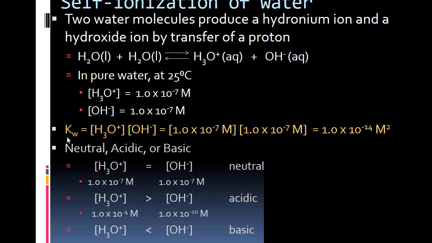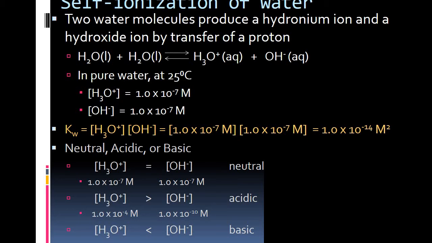The equation for the self-ionization of water is Kw, that's a subscript, equal to the hydronium ion concentration times the hydroxide ion concentration. So you take 1.0 times 10 to the negative 7 molar times 1.0 times 10 to the negative 7 molar, and you will get 1.0 times 10 to the negative 14 molar squared. Okay, so that becomes your equation. So it's a self-ionization of water.